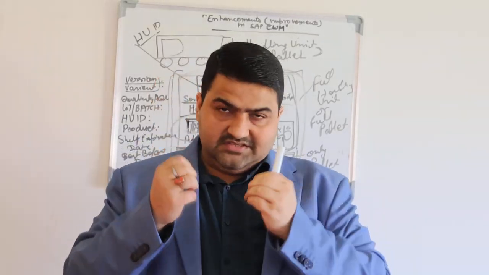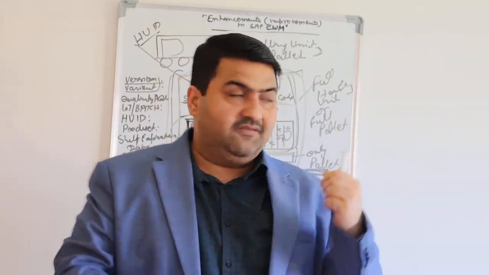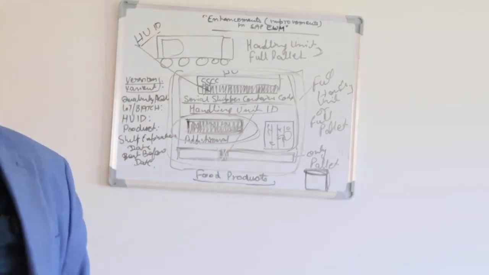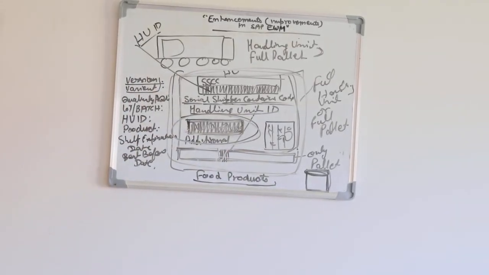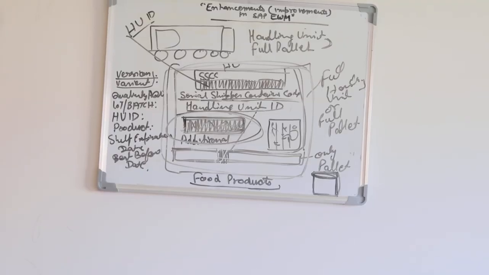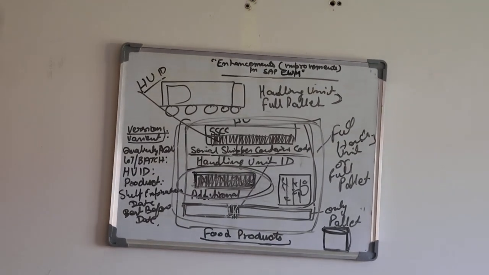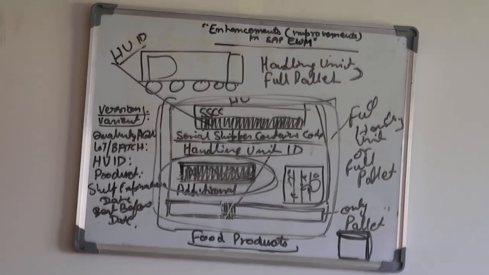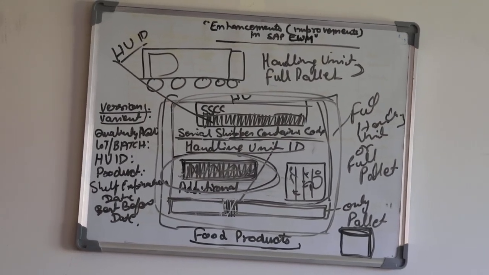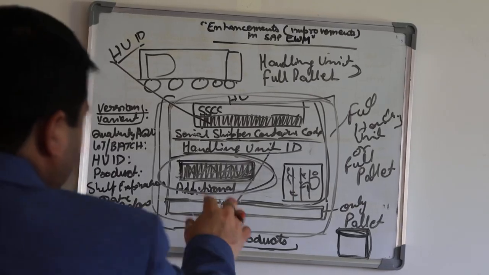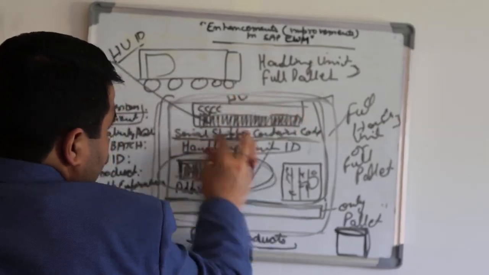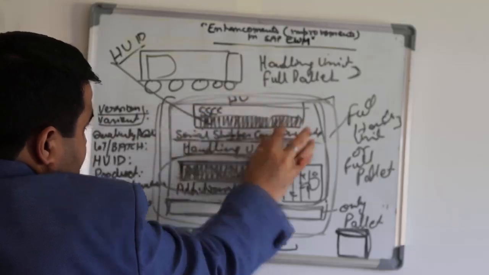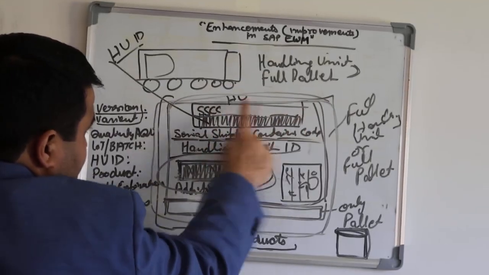When we receive the product in our warehouse, I will zoom in, and you can see this carefully. We have all this information. Friends, till last week we were receiving only this HUID from the vendor or supplier.